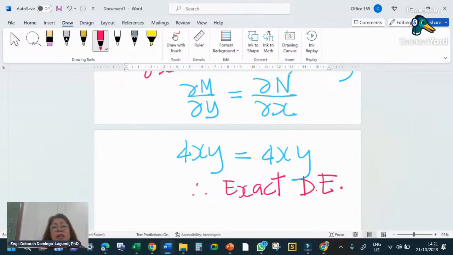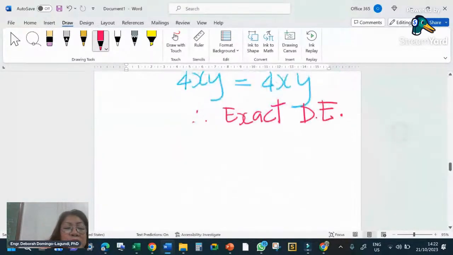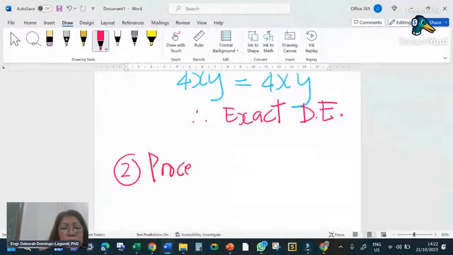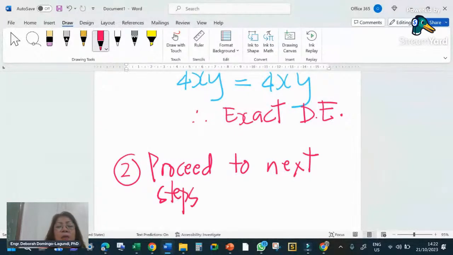Very good. So after testing the exactness, then we can now proceed to the other steps. Proceed to next steps. All right.